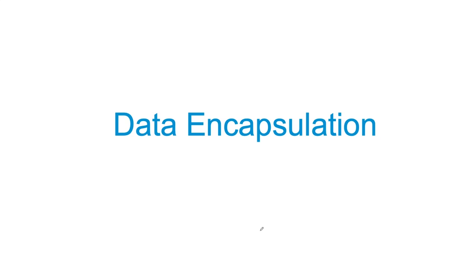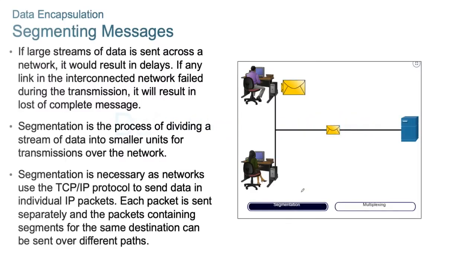When data is generated by a client, when the client has a message or data, that data goes from the application layer through to the network access layer, and it goes through a particular operation we call data encapsulation. In this data encapsulation, what happens?